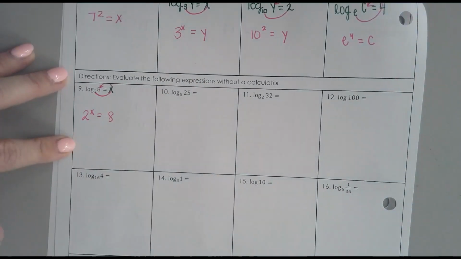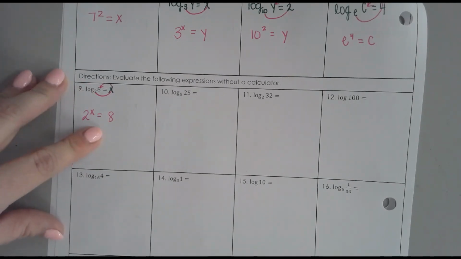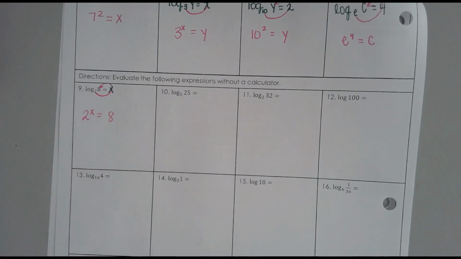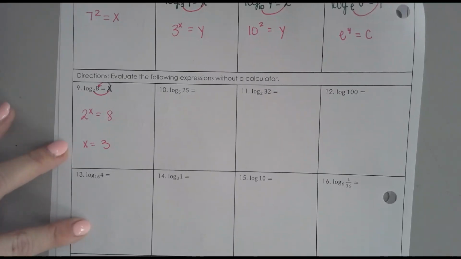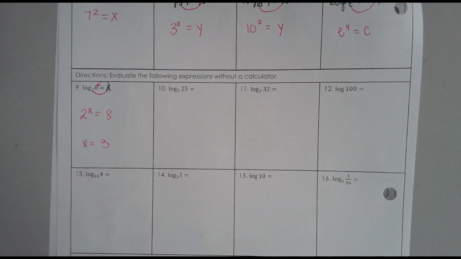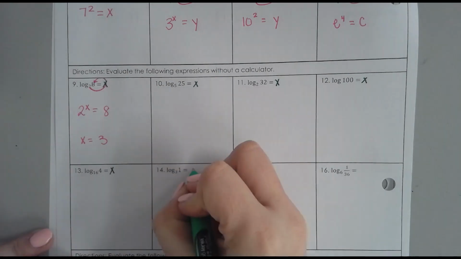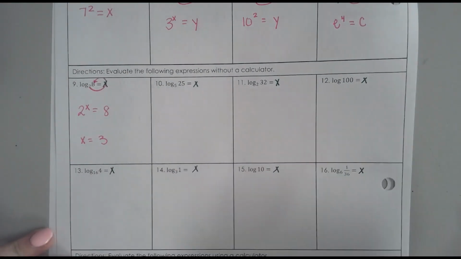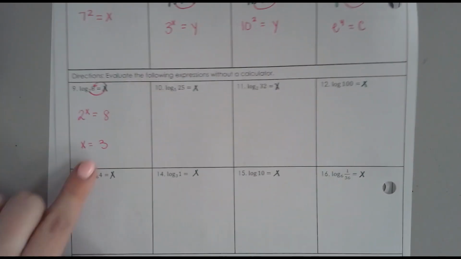So 2 to what power gives me 8? 2 times 2 is 4, times 2 is 8, so 3. So x equals 3. If you want, you can just put x on all those. And if I just typed log base 2 of 8, hit enter in the calculator, it would give me 3.